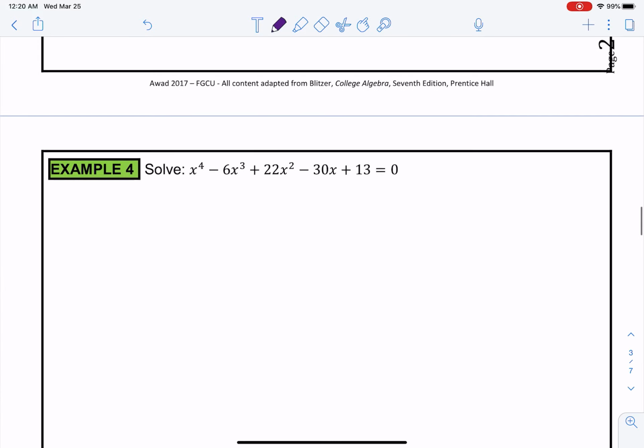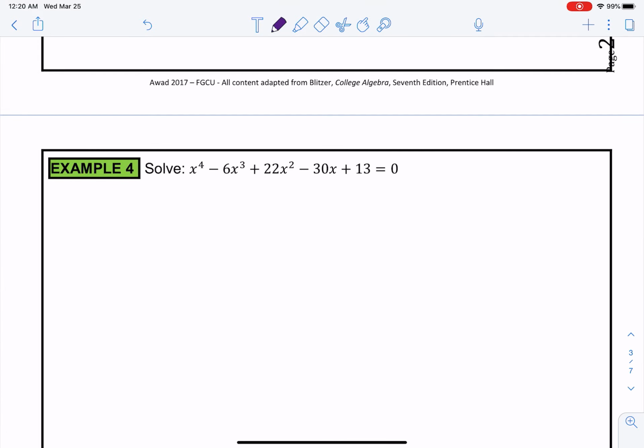And things are getting harder. So the constant term in this polynomial is 13. The leading term is 1, or the leading coefficient. And luckily, what we have is a prime number. So the factors are plus or minus 1 and plus or minus 13.